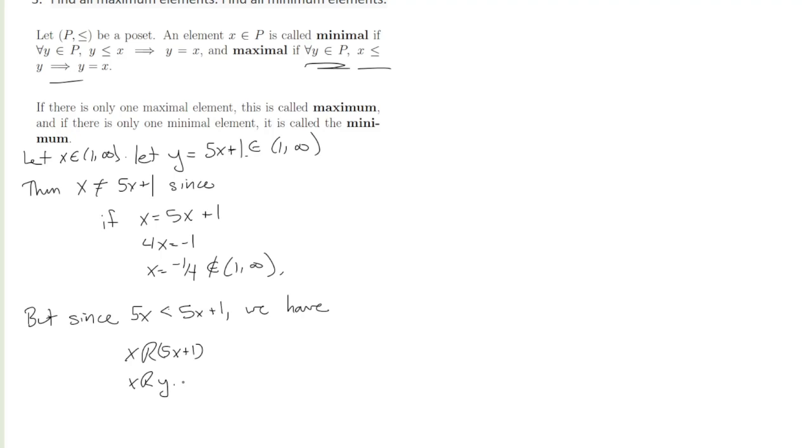No matter what x I started with, I found something bigger than it. Read the R as less than or equal to. So I found something bigger than x. Therefore x is not maximal. That's the point. What I showed is that no matter what x I picked, x can't be maximal. And if x can't be maximal, and x is everything, then there's no maximal elements.